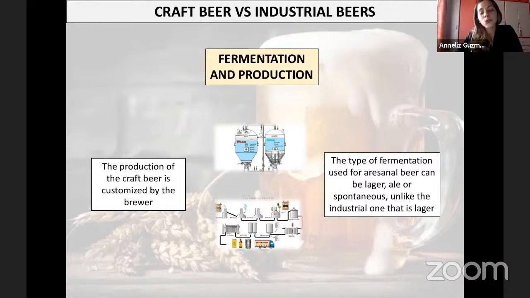The industrial beer normally produces lager beers because, as I was talking about, the cost is less than a craft beer because they use fewer ingredients, and the fermentation of a lager or an industrial beer is longer, but they produce more quantity, more liters than a craft beer.